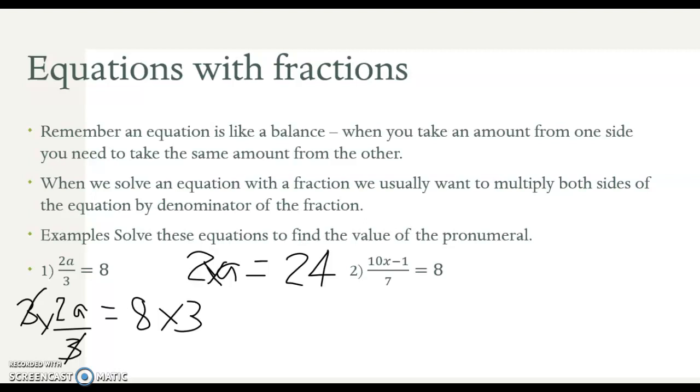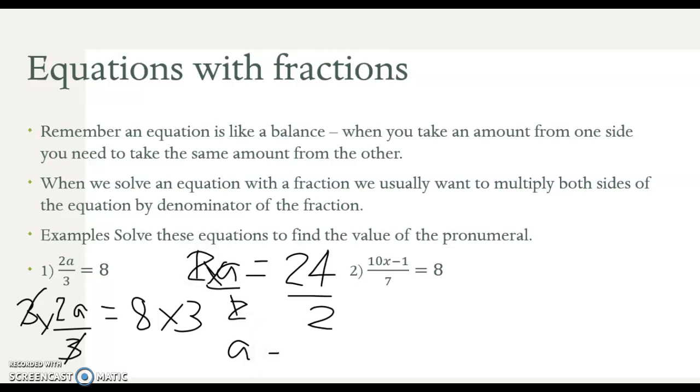If I do the opposite of times, what I'm doing is dividing both sides by 2, which I like to write as a fraction. Whatever I do to one side, I must do to the other side. Again, my 2s are going to cancel out on this side, and I'm going to get left with an a.